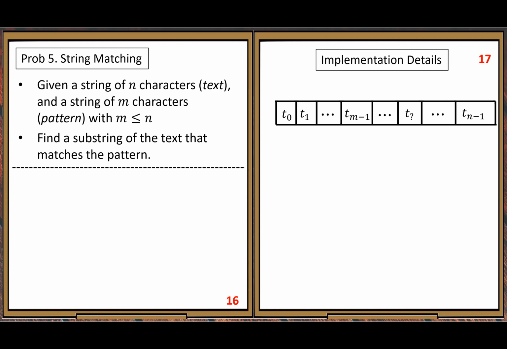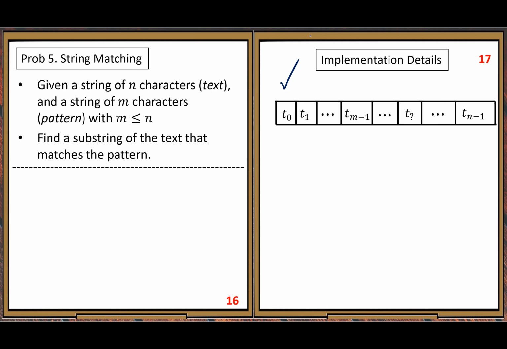Let me ask you a question first. The position of the first m substring is easy, right? Index 0 is the position of our first m substring.